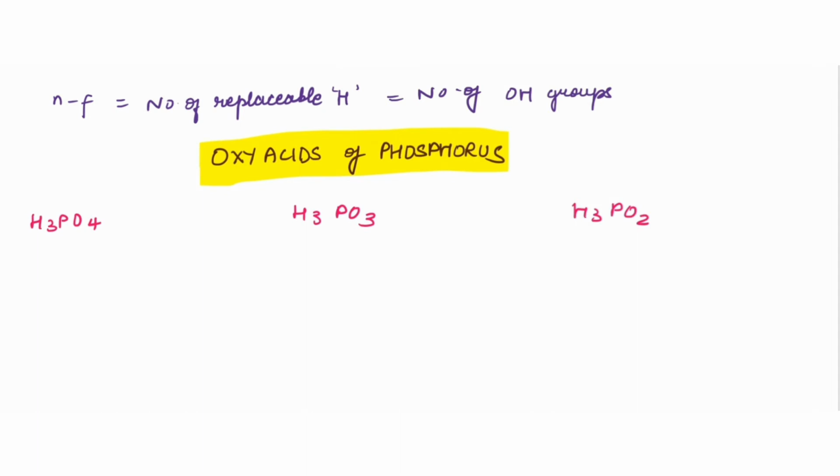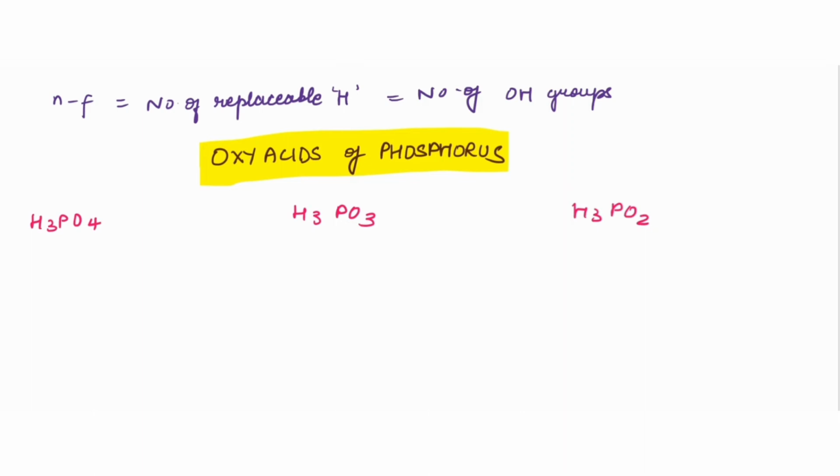H3PO4, phosphoric acid, we also say orthophosphoric acid. Similarly, H3PO3 is phosphorus acid, or we also say phosphonic acid. And H3PO2 is hypophosphorus acid or phosphinic acid.